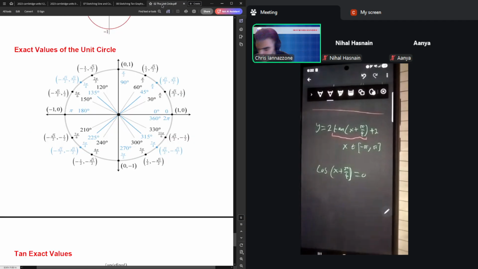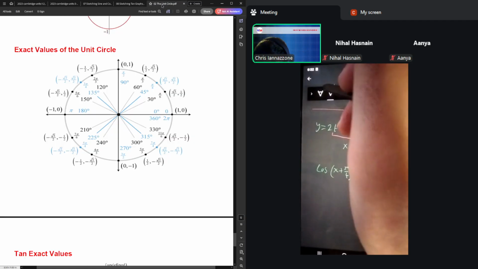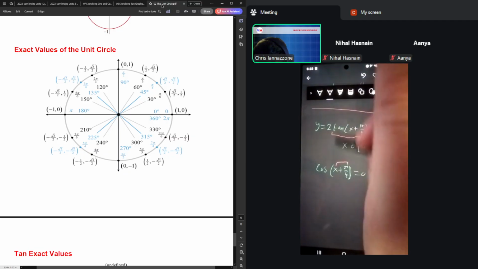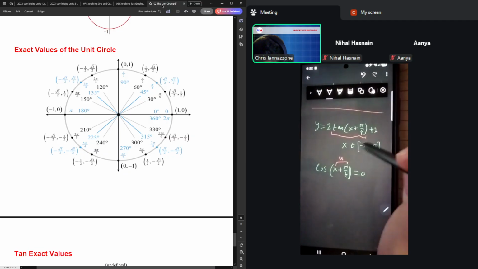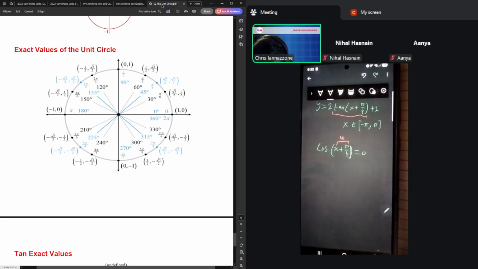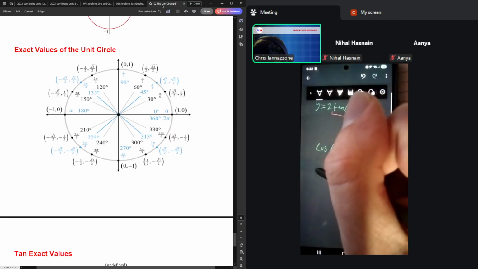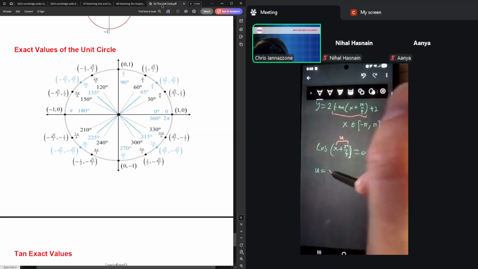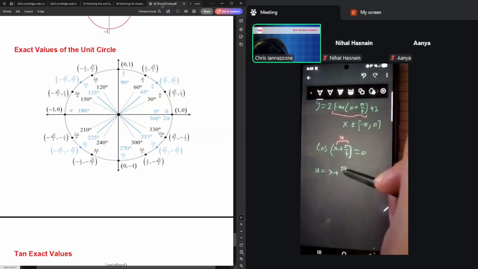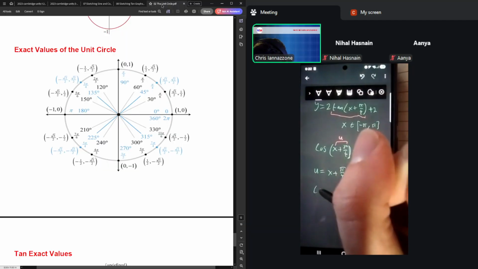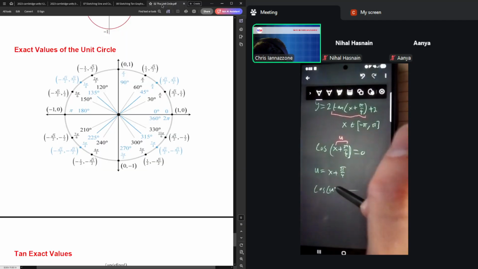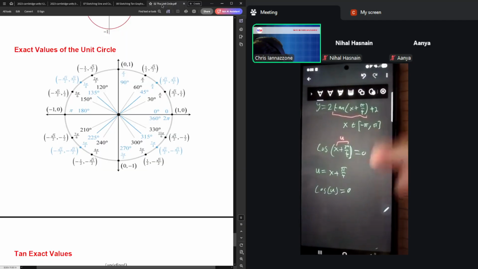So basically what that would look like is you take what's on the inside here and let it equal some letter. I just default to u. That's going to give us u equals x plus pi over 4. That way, things are a bit nicer, because now we just need to figure out where does cos equal 0.